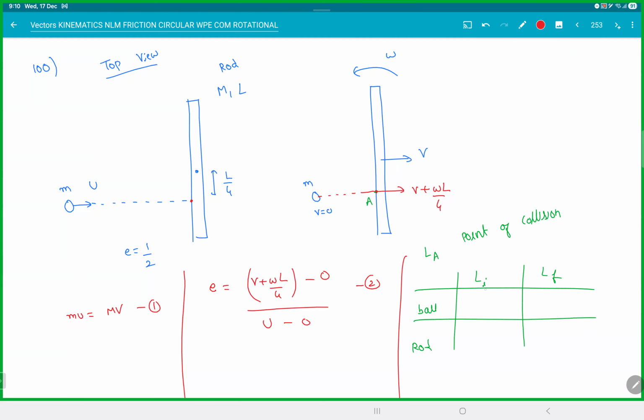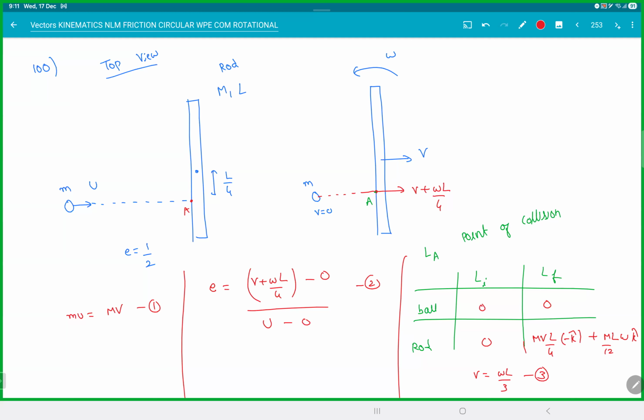Initially, the ball's is 0 because it is passing through A. Finally, the ball's is 0, it is at rest. The rod's is 0 initially. Finally, the rod will be M V L by 4, direction minus k cap, plus M L squared by 12 omega k cap. So from there, you'll get V is equal to omega L by 3. That's your equation 3. Solve 1, 2, 3 and you'll get the answer.